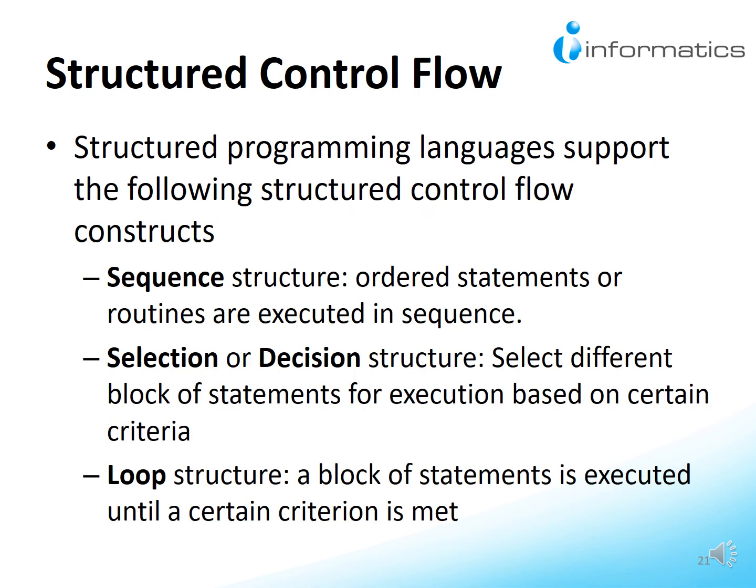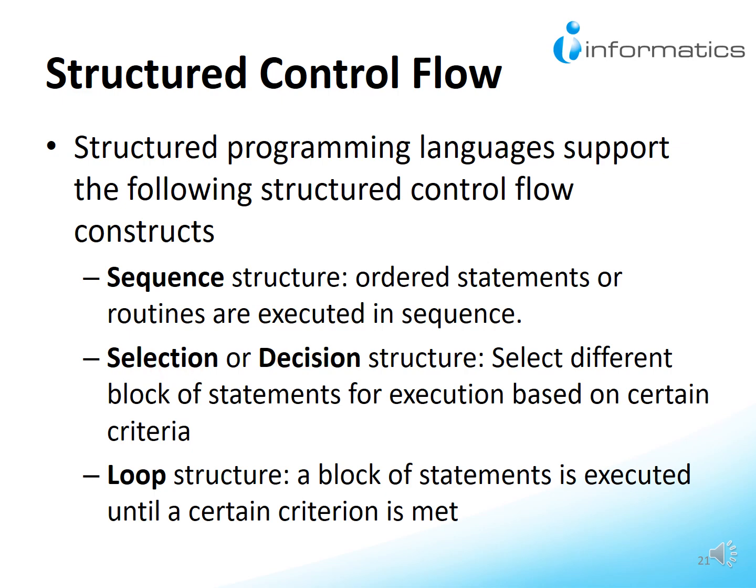Structured programming languages support the following control flow structures. First, the sequential structure. The runtime system will execute the code one by one in the order of the program. Next is selection or decision.